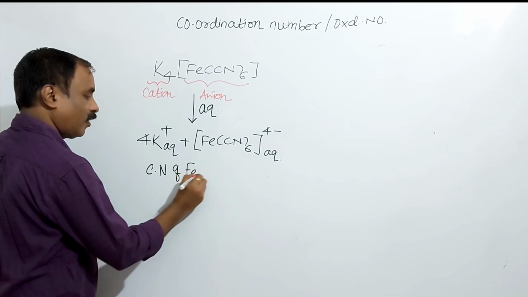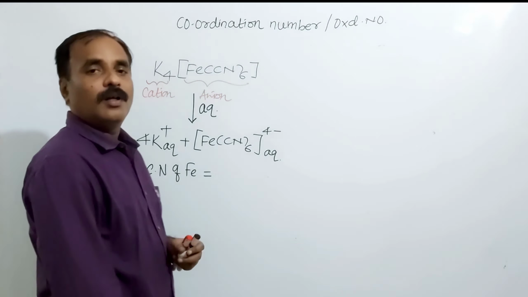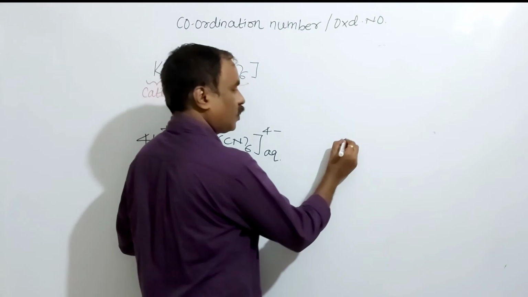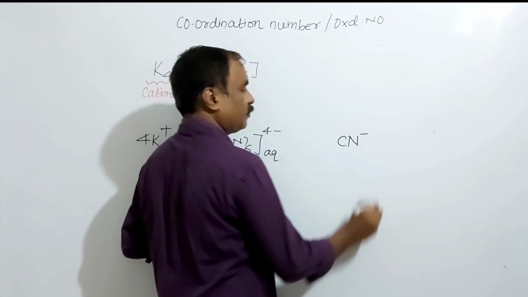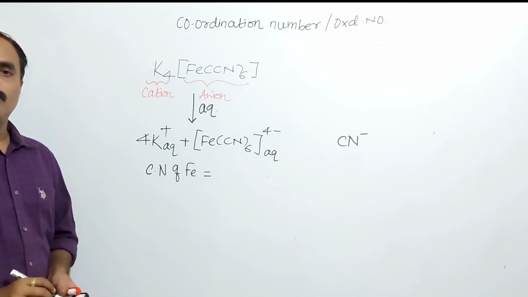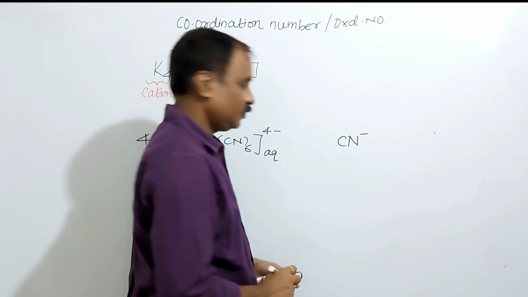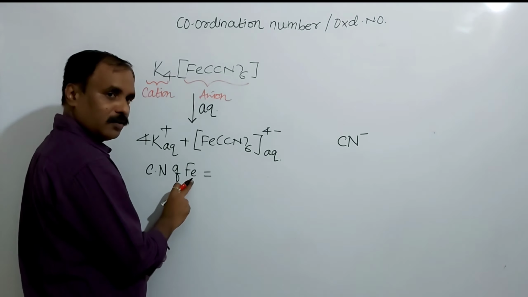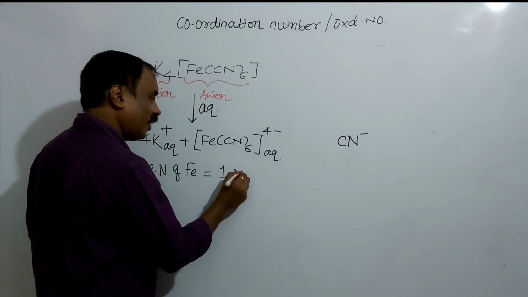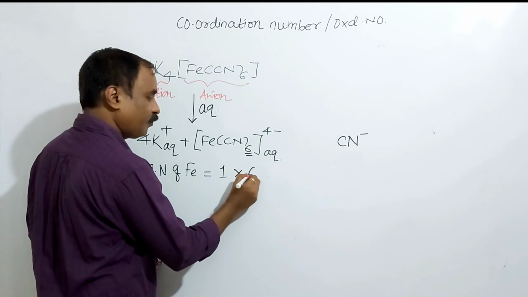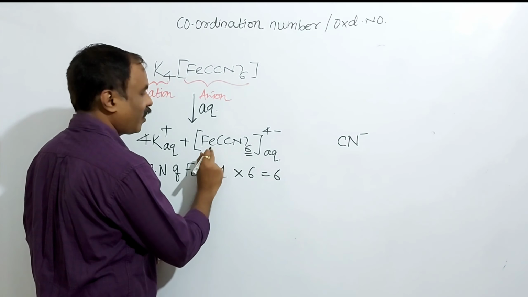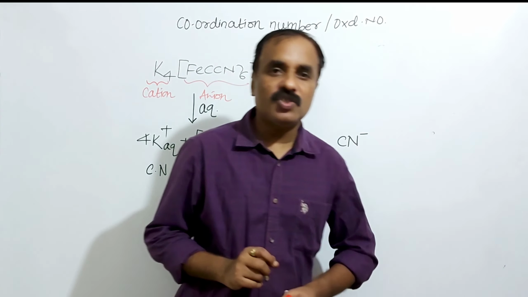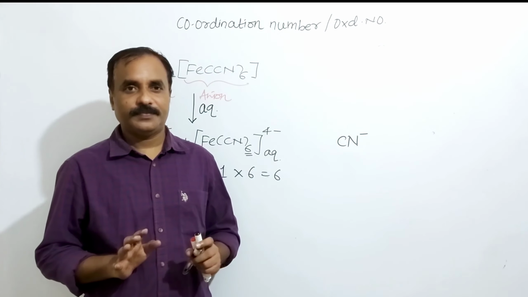Now, the coordination number of iron. How many ligands are there? Here it is CN and CN minus, a monodentate ligand. So in the case of a monodentate ligand, the coordination number of iron is 1 into the number of ligands. So how many ligands are there? 6. And the coordination number of iron is 6, and the total number of coordinate bonds to iron is 6.